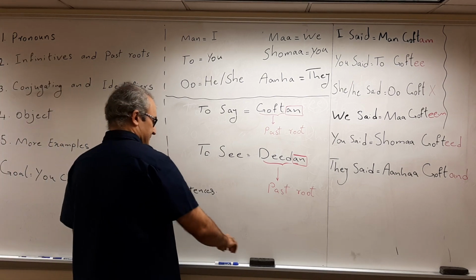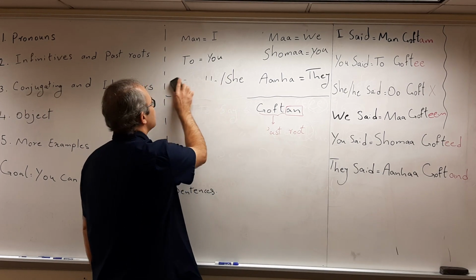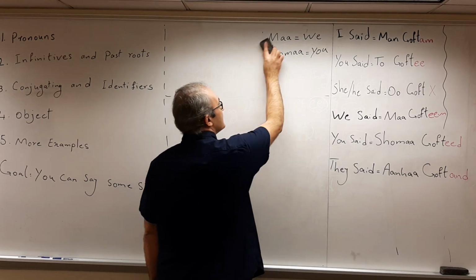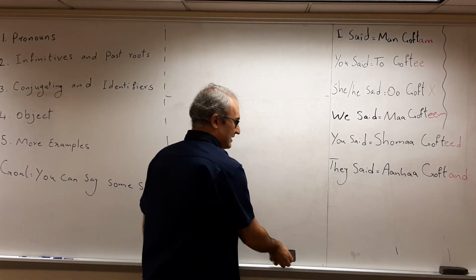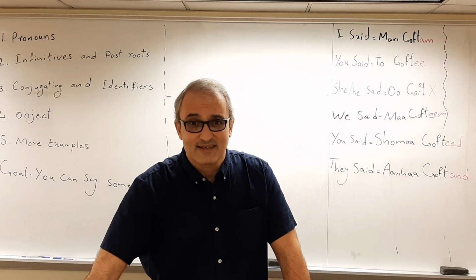To see. To see is دیدن. So, what is the past root? دیدن. The past root is did.